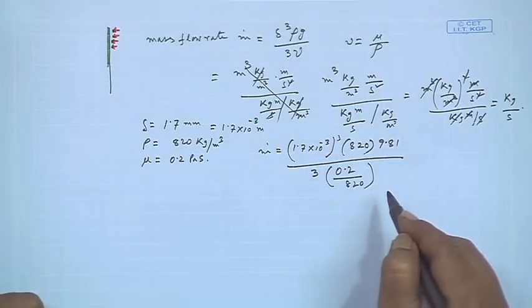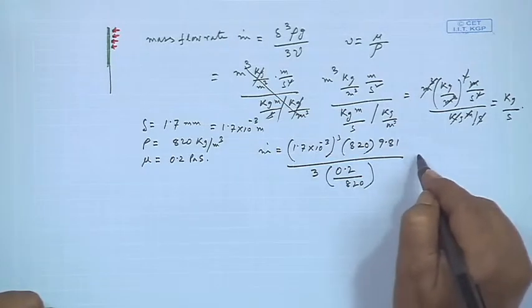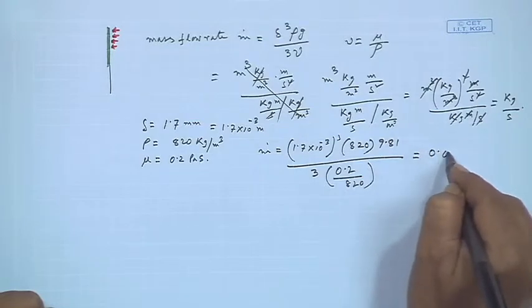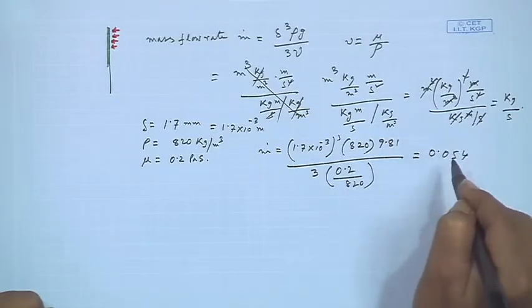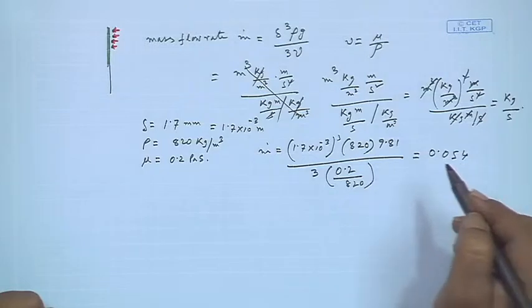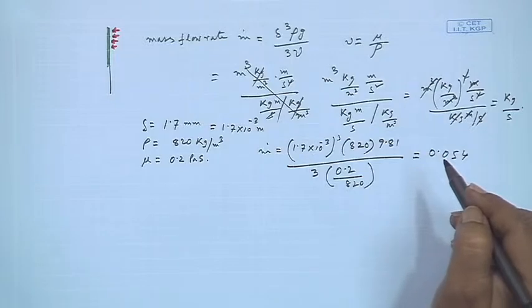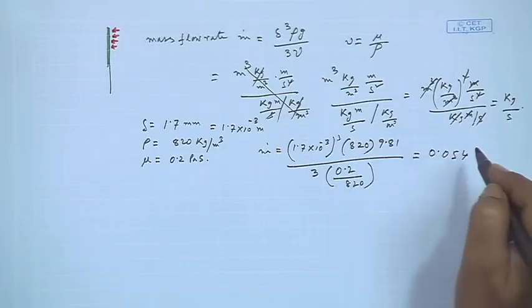So this on simplification should give you 0.054 kg per meter per second per unit width.